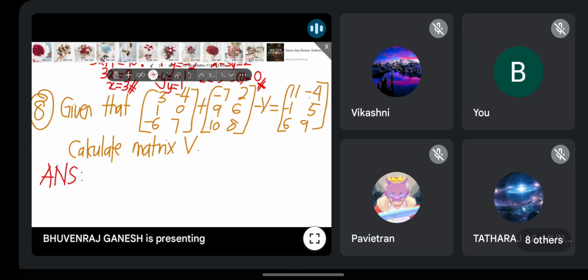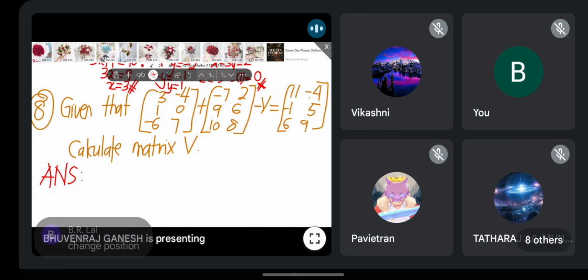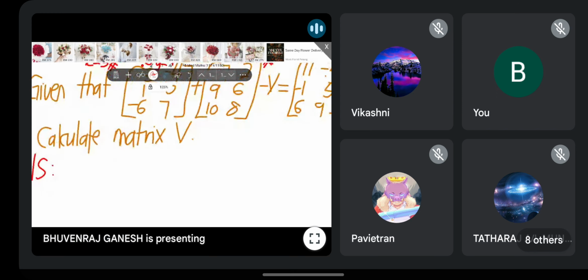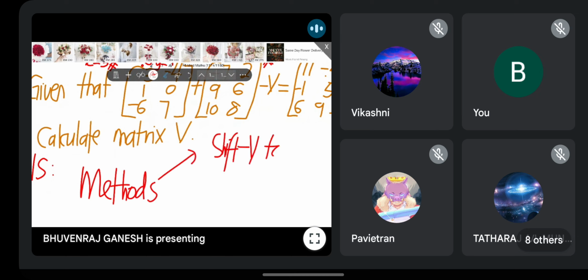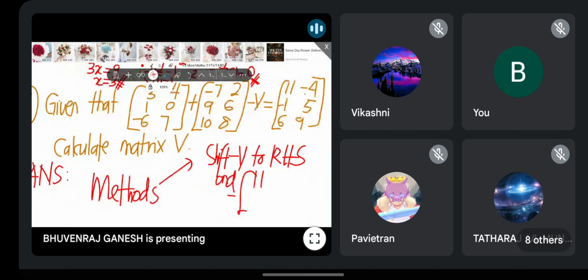Basically, you don't need to change to plus V. You can use another method. Anyone knows? Besides, I want to change it to a positive. Yes, correct. You can solve the first two matrices. Okay, you can change position, correct. So you got two methods here. First method is you shift V to the right hand side, RHS for short, and the 11, -6, 4, 5, 9 to the left hand side.